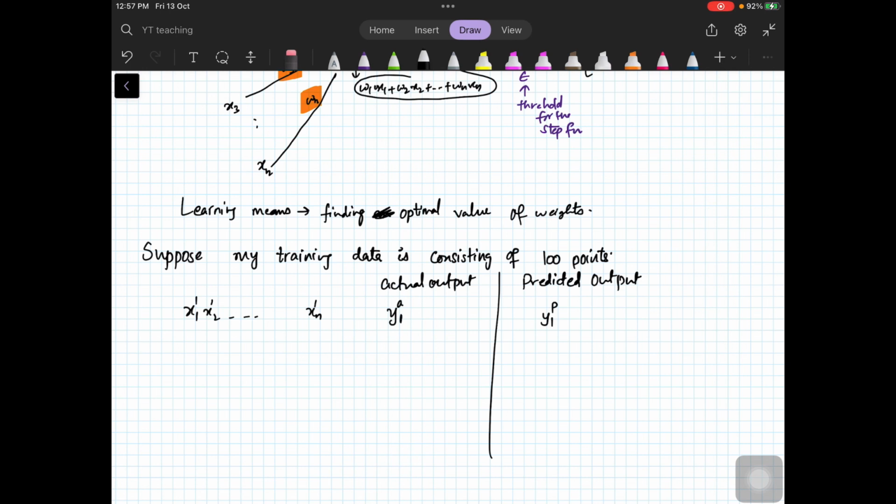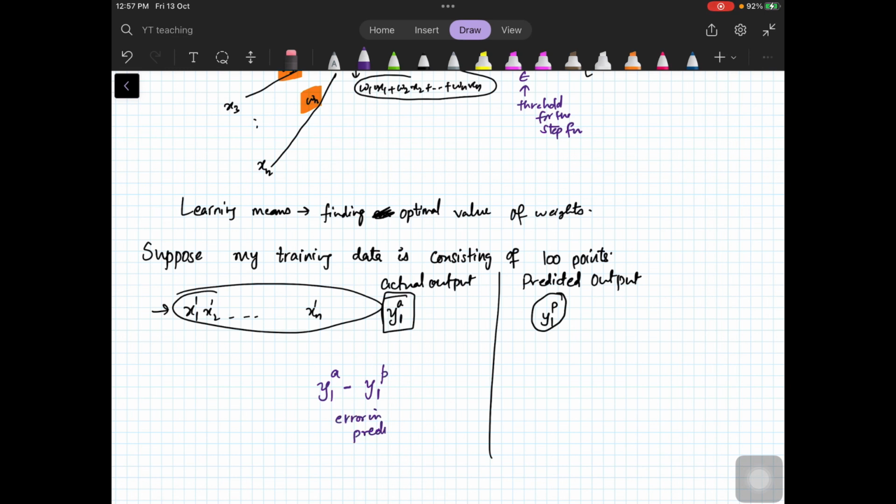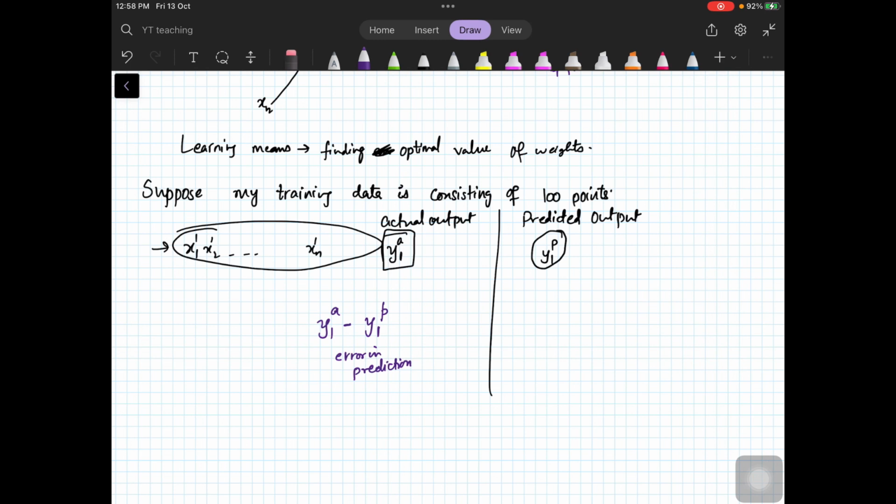So for the first training data, I inserted this set of inputs and I got this as my output, but the output was supposed to be this. So this much is the error, actual output minus predicted output. This is my error in prediction. So you will update your weights. For updating your weights, you have this rule. If you want to update w1, you take the old value of w1, and then you have a learning rate.